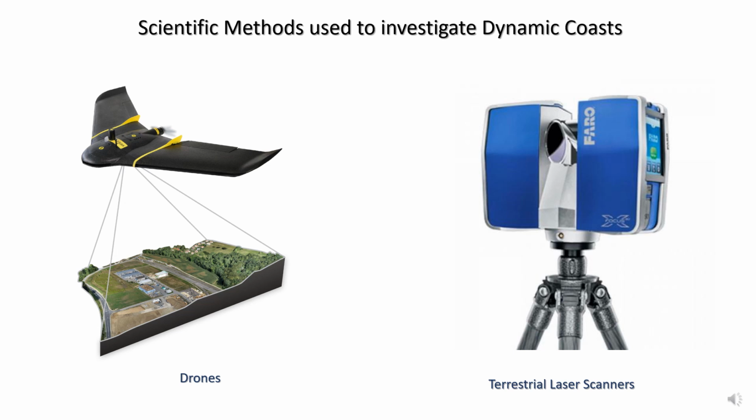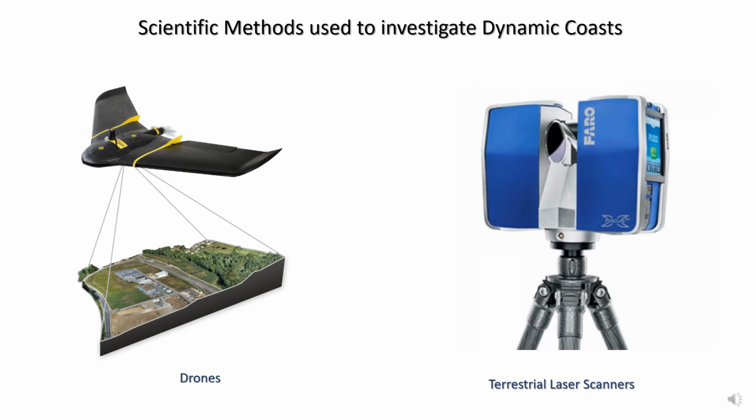I think everyone knows here that in the last 10 years, we've had a really high increase in the number of drones that are now available. These are quite a low cost way of capturing what the three-dimensional surface of the coastline looks like. This is actually one of the drones we have in the department here, and from that, we can extract three-dimensional surface shapes.